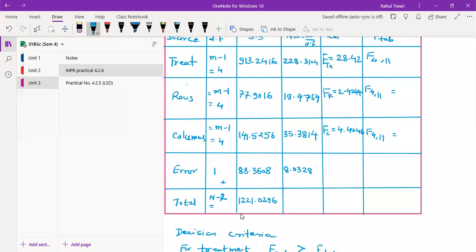So if one observation is missing, then you have minus 2, so it is 23. And then if you just take the difference, we will get 11. So all these answers are going to be the same, which is 3.59.